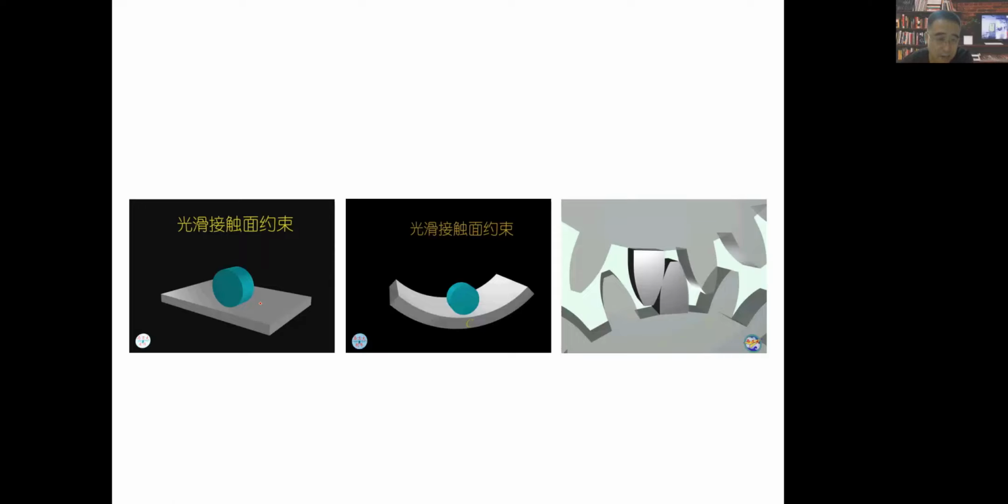So there are typical examples of the smooth contact plane. So here, here, and here. Actually, the third picture is a common mechanical mechanism.